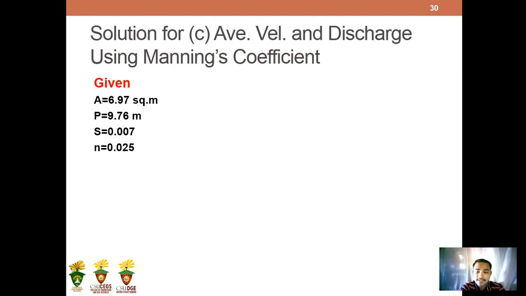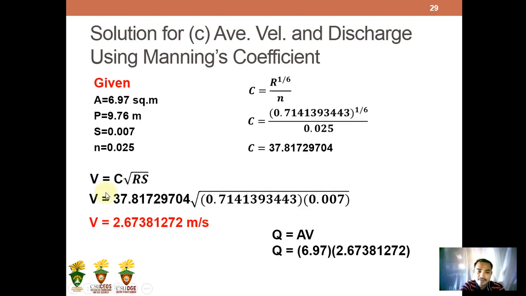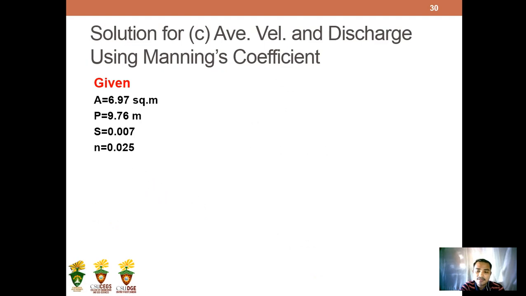So again, using the formula for velocity, in our other method, we used the formula velocity is equal to C times the square root of RS. So we will use the Manning's coefficient to get the value for velocity, our Manning's coefficient formula.